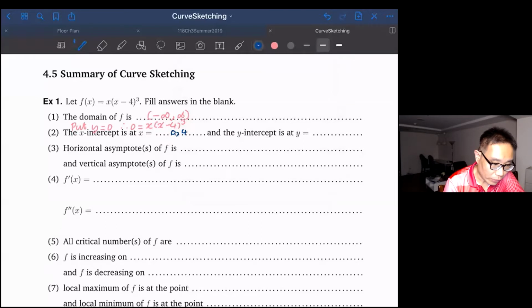The next one is the y-intercept. For the y-intercept, you put x equal to 0, so y equals f(0) equals 0.